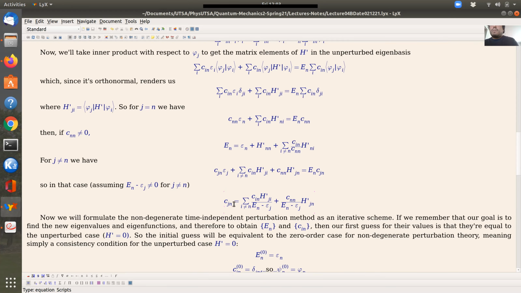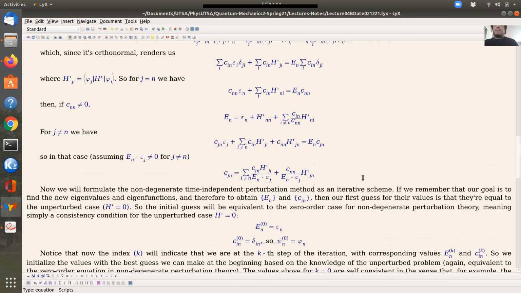Think of the elements, I gather them, then I divide by this difference in the denominator. Then I have this coefficient equal to the sum over all states i not equal to n of Cin h prime ji divided by En minus epsilon j, plus CNN divided by En minus epsilon j h prime jn.